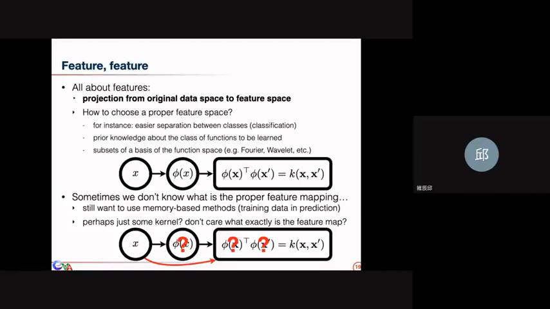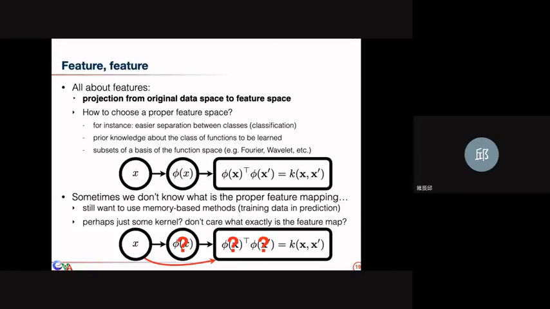Again, you will first project your data, no matter whether it is from the training or testing time, onto the feature space, such that you have the feature vectors for all your data points.